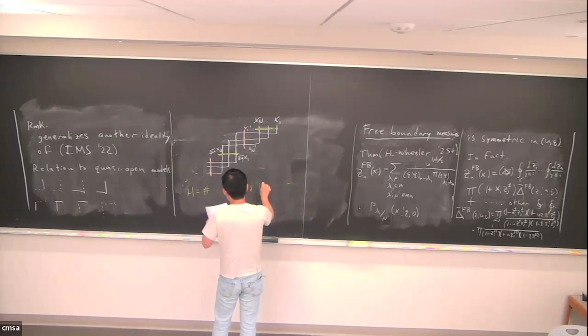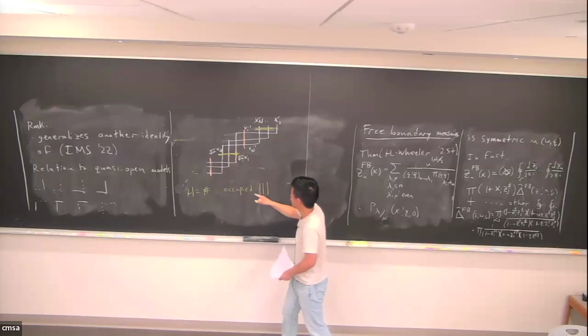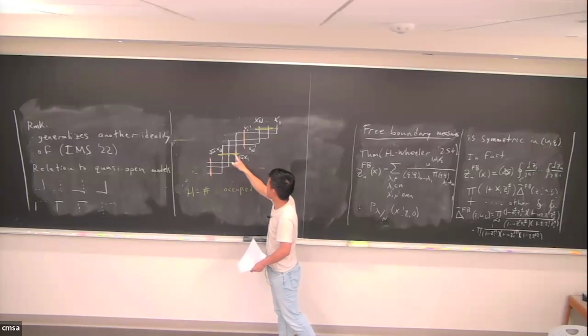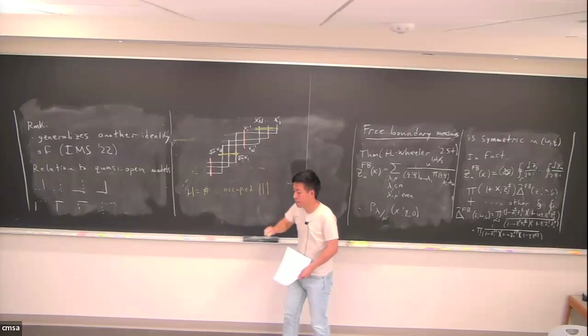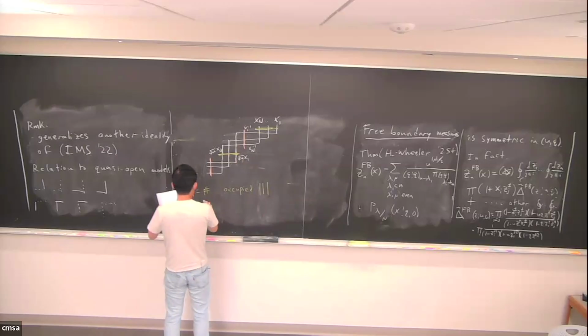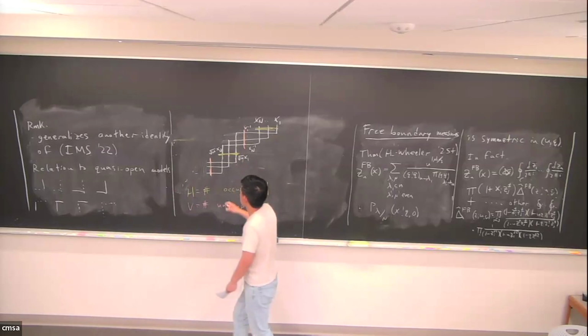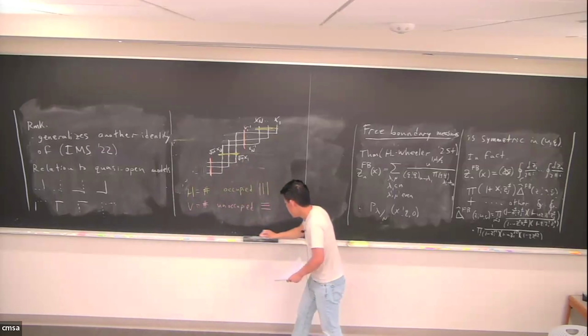Okay, so the yellow line is horizontal, but the lines that it indicates are vertical. So basically, you count the number of lines here that are occupied, and V is going to be the number of unoccupied horizontal lines, so these lines.